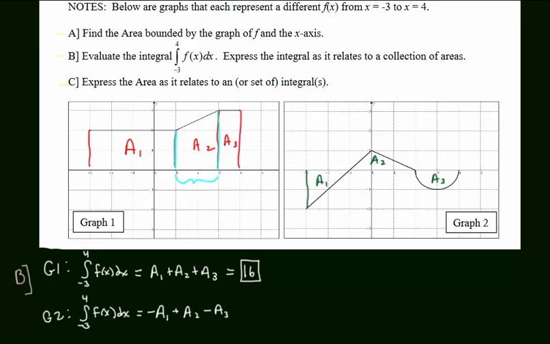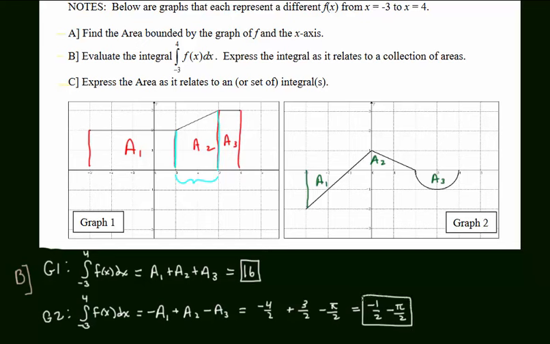Remember, integral gives you net area. So we have a -4/2 for the first triangle, plus a 3/2 for the second triangle, minus a pi over 2 for the semicircle, and that comes out to be -1/2 minus pi over 2, which is a negative quantity.